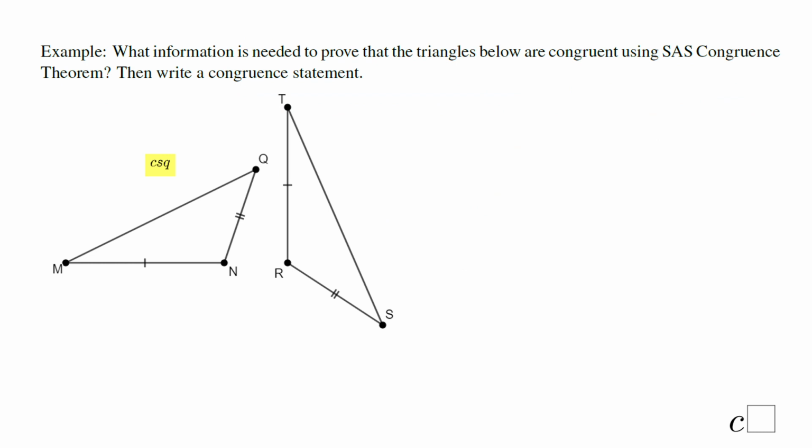So let's see this example. If you notice, it's very similar to something we did before. We notice we have MN congruent to RT, we notice also NQ congruent to RS, the same marking.